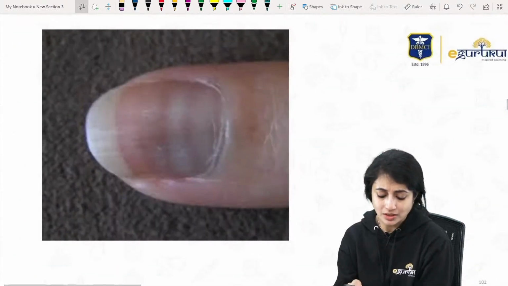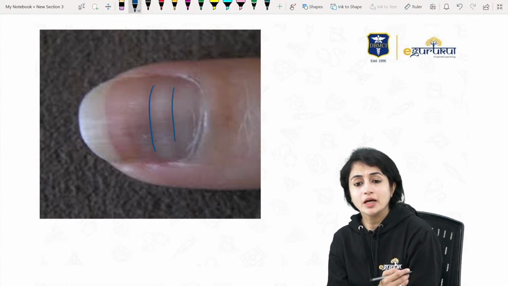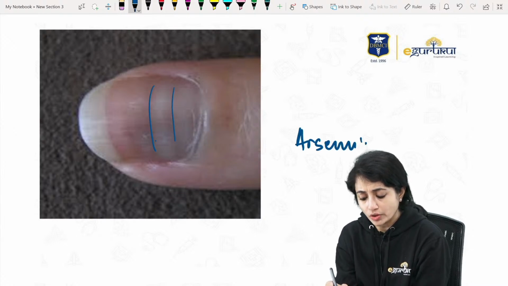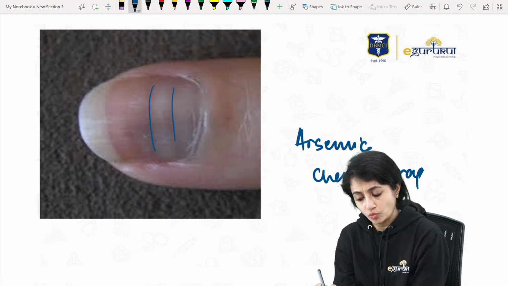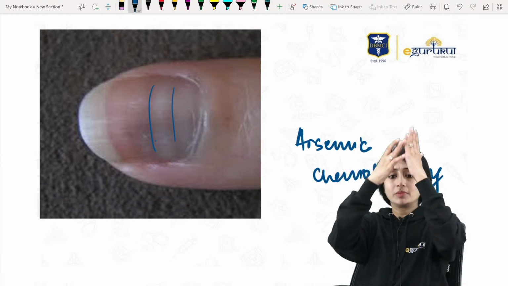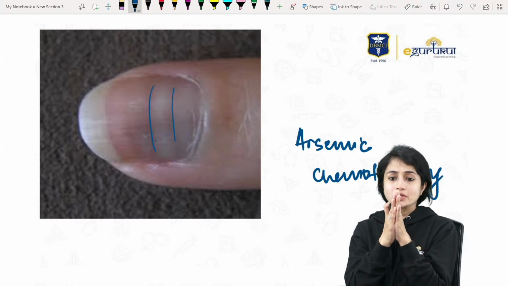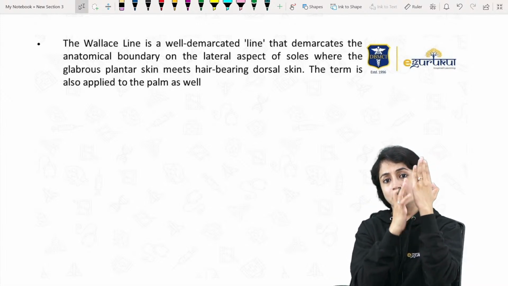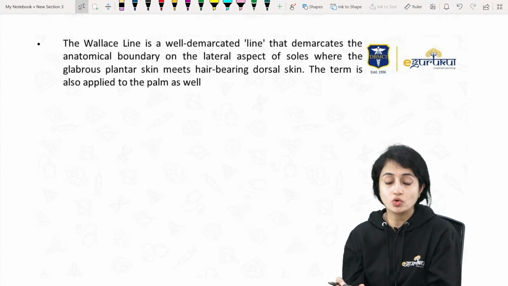So Mees lines are these lines that you see on the nails, and they are usually associated with arsenic poisoning or chemotherapy. And Wallace lines is this line of demarcation between the dorsal and plantar aspect of palms and soles. This line of demarcation between dorsal and plantar aspect of palms and soles is called as Wallace line.